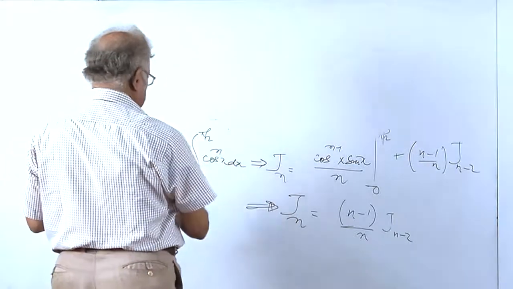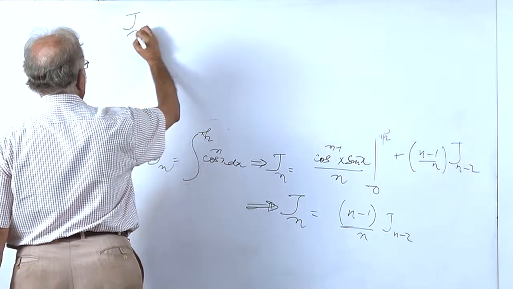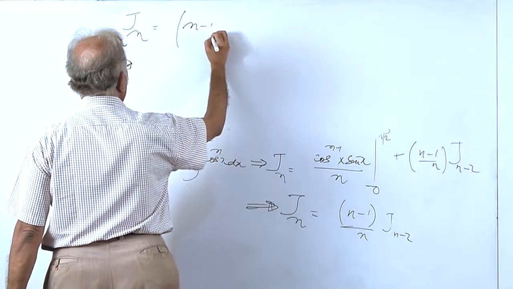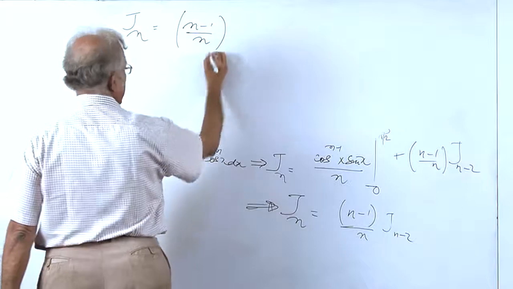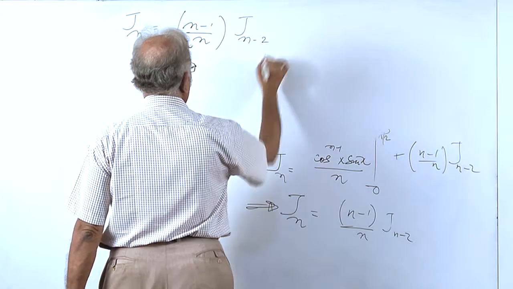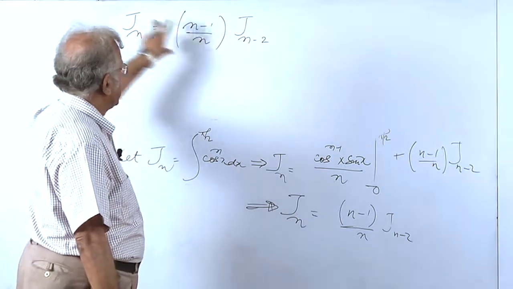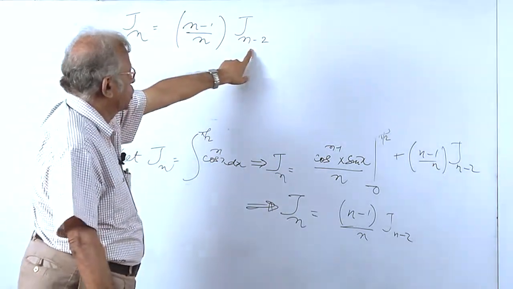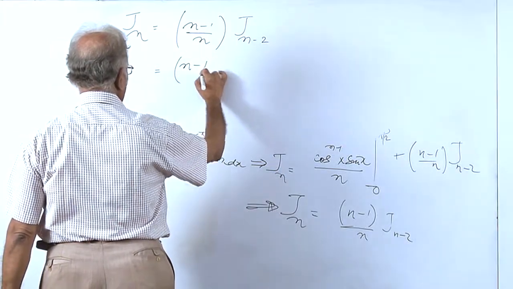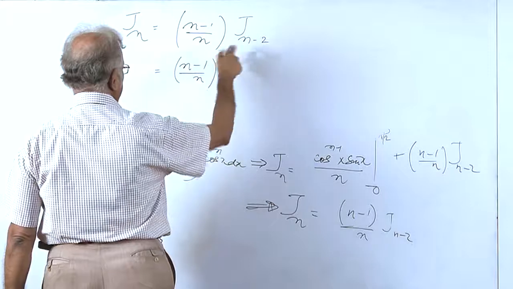So we take this on top and see what happens. J of n is equal to n minus 1 by n J of n minus 2. That's it. Now, when we say J of n minus 2, each n here has to be replaced by n minus 2. So this becomes equal to n minus 1 by n. Replace every n here by n minus 2.